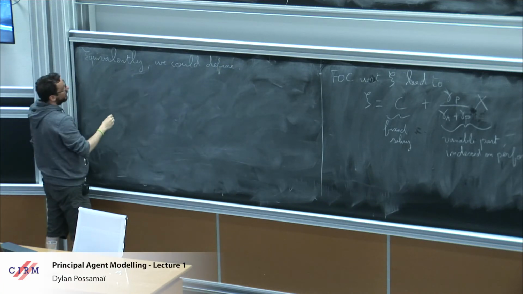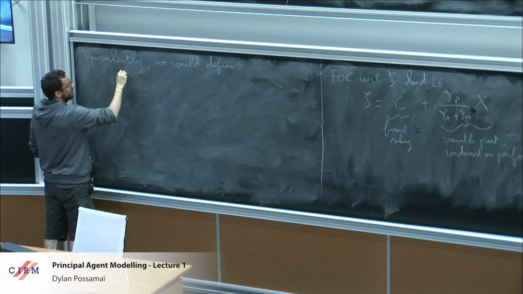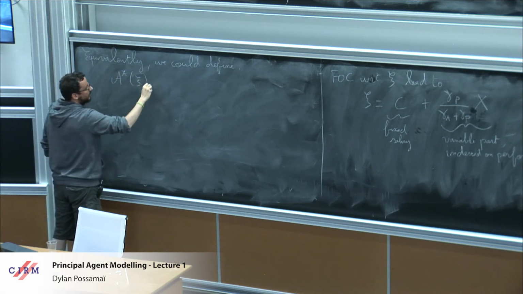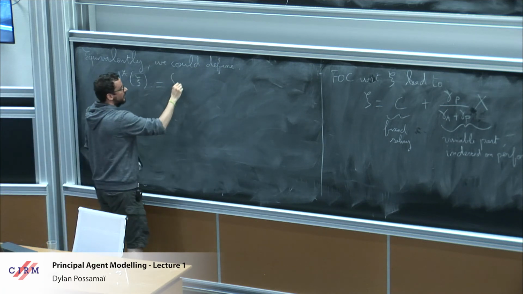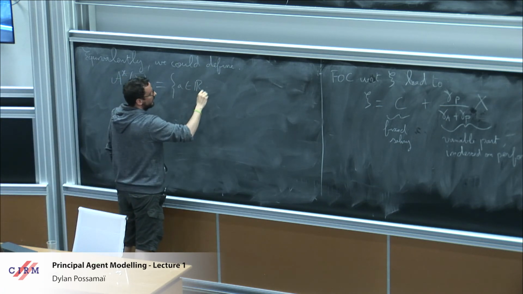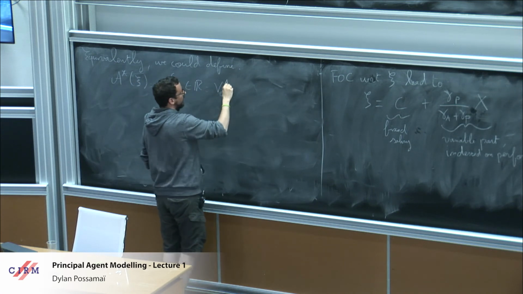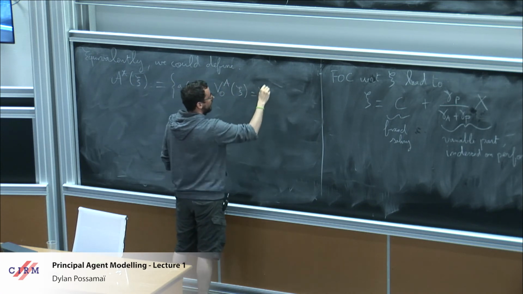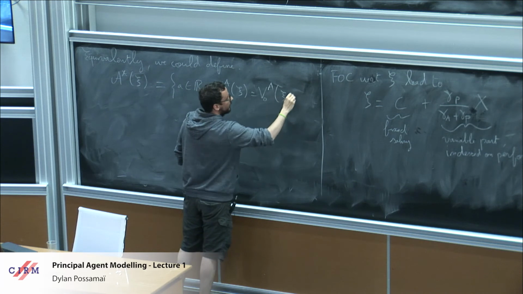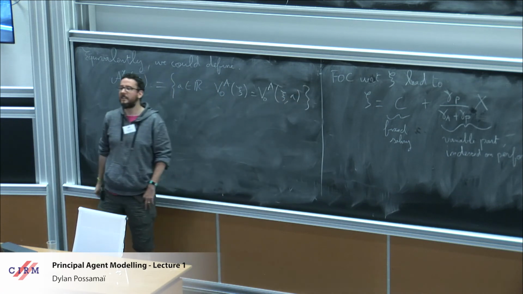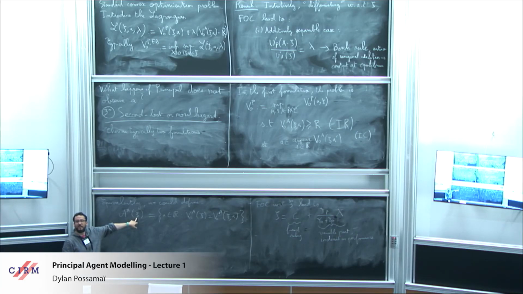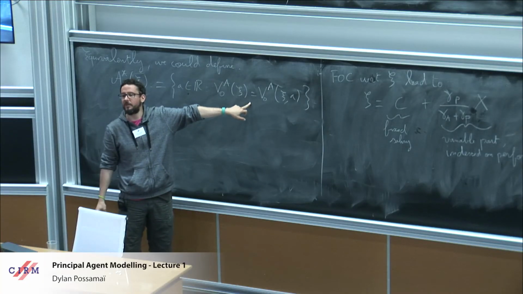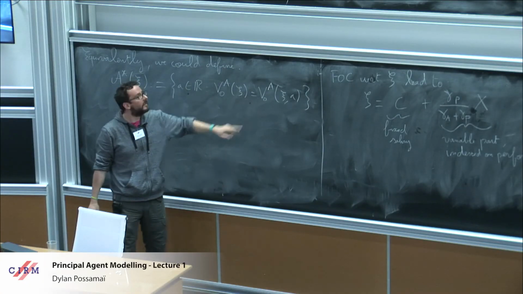So I can define what I will call A star of psi. So what is this? That's exactly the argmax. Right, so those are, for a given contract psi, all the efforts that maximize the utility of the agent. Okay?